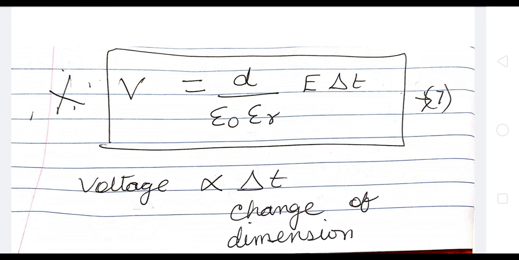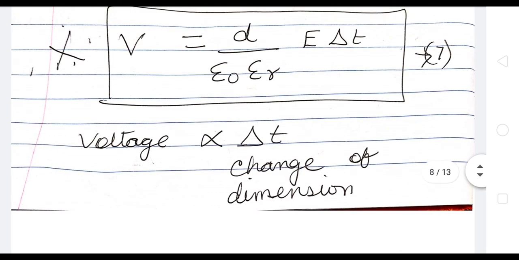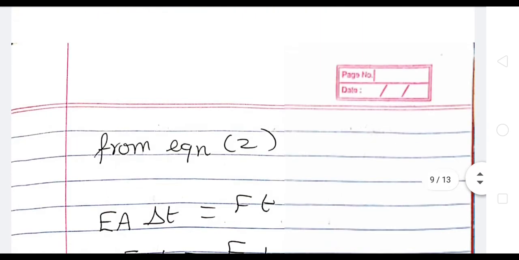Here D is the charge sensitivity and E is the Young's modulus, epsilon r is the relative permittivity of the medium and epsilon naught is the permittivity of free space. So your voltage produced is directly proportional to the change of dimension.